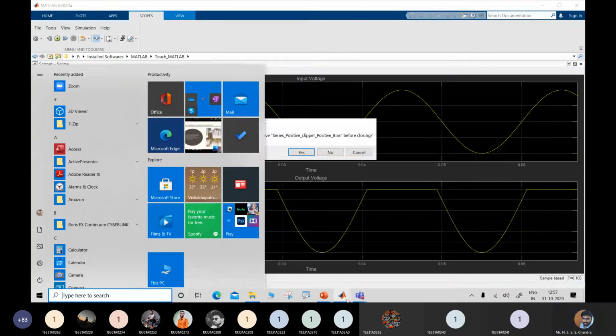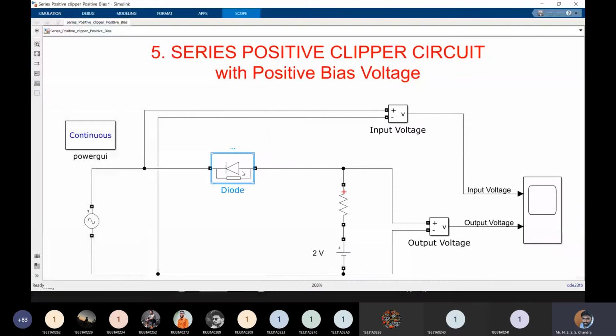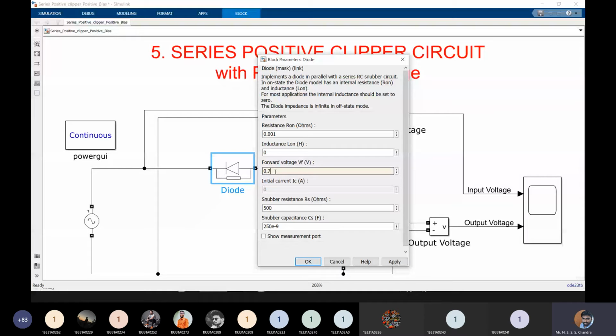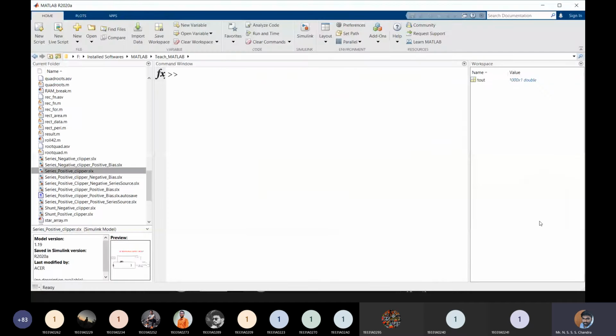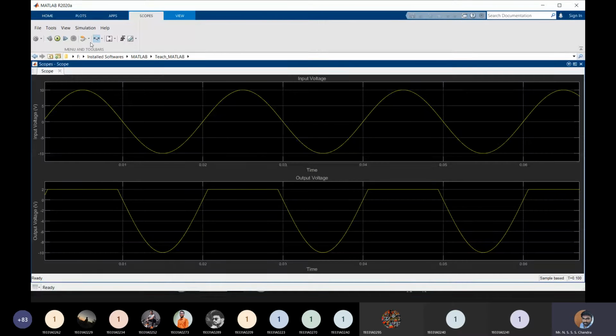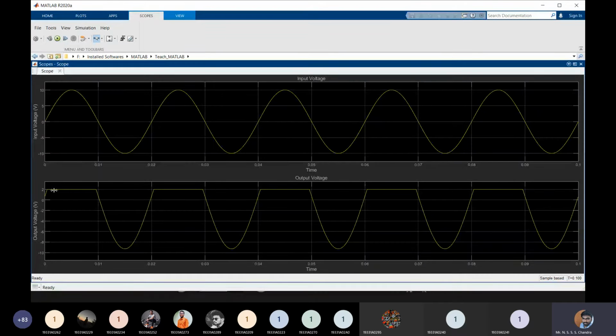So here I will take the diode voltage as 0.7 volts. Now let us again redo the simulation.